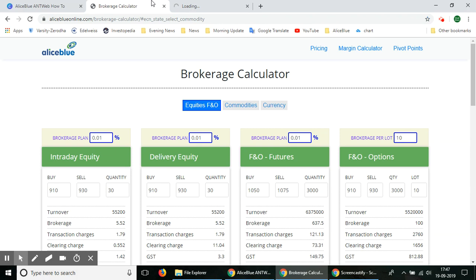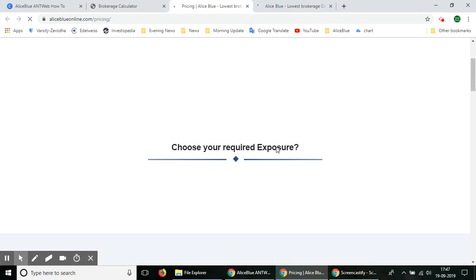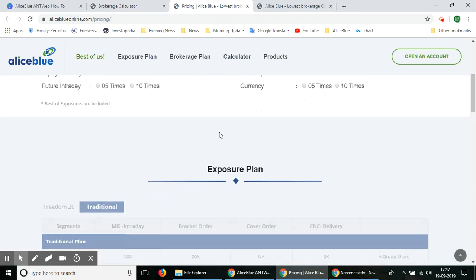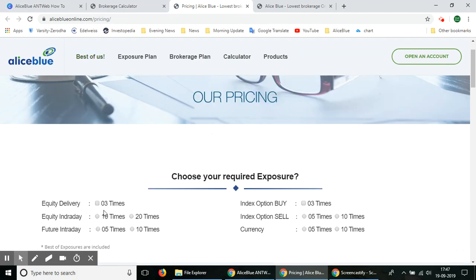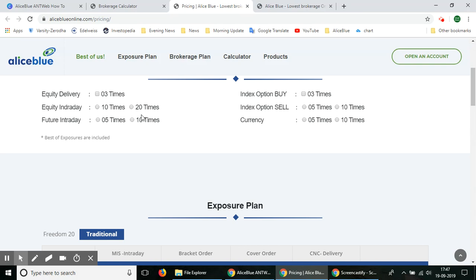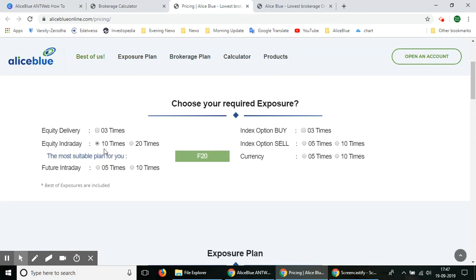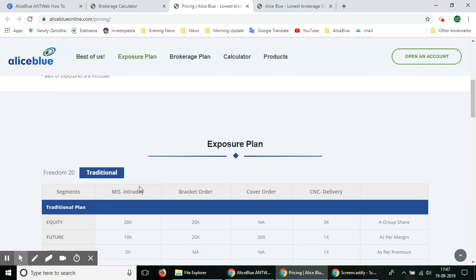So if you are having any doubts, you can also check the pricing of Alice Blue's brokerage plans and all of those details, how much exposure you require. You can just specify here how much intraday exposure you require, and what plan will be suitable for you.